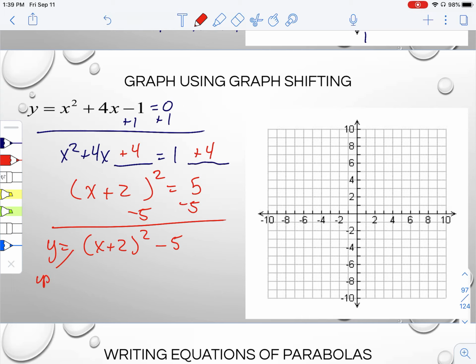Same thing. Opens up. No vertical stretch or compression. Left 2 and down 5. So your vertex is negative 2, negative 5. And we can do our 1, 3, 5, 7 pattern from there.